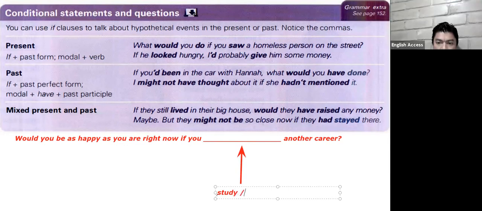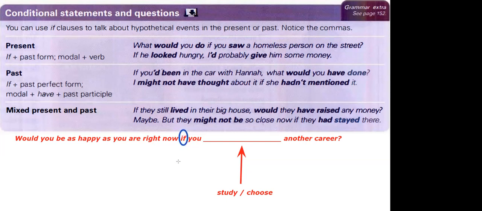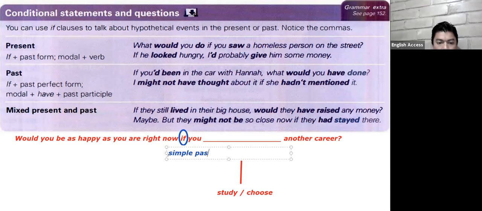Study or choose, okay. Now, in which form? We have if. So what different tenses can we use with if? Simple past or past perfect. Yes, simple past or past perfect.